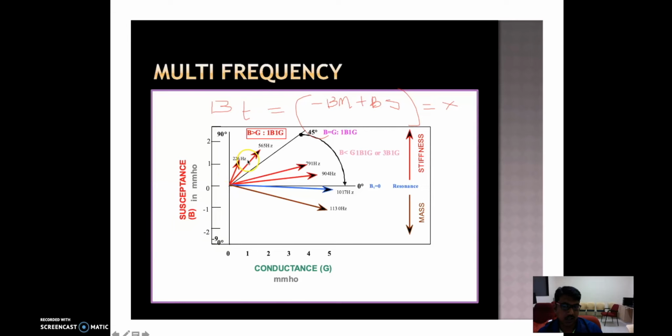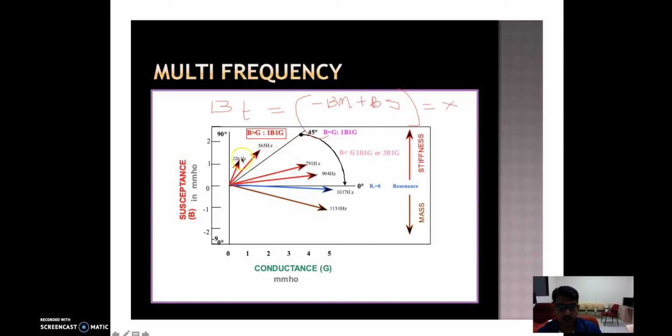Whereas as we increase the mass, you can see that the impedance vector starts flowing towards the 0, and then further it flows down to the mass quadrant. We can imaginarily divide these lines: 45 degree, which is equidistant from 0 and 90, and similarly minus 45 degree, which is equidistant between 0 and minus 90.